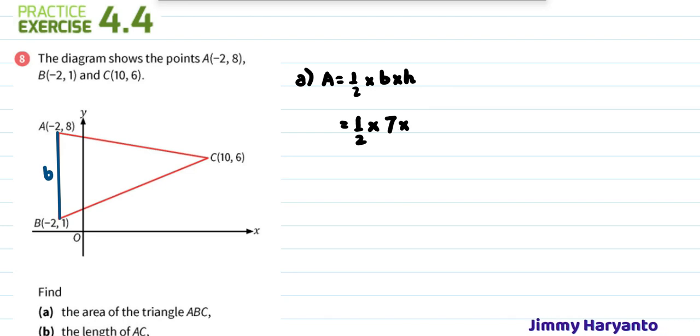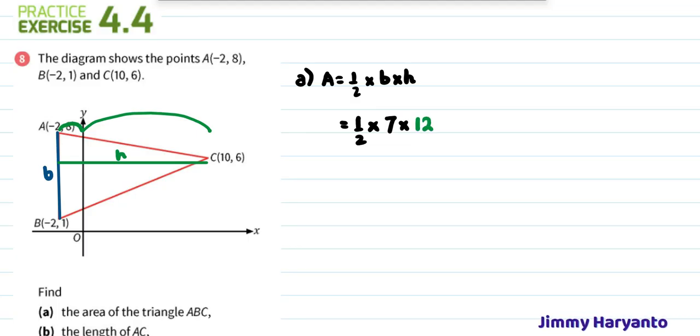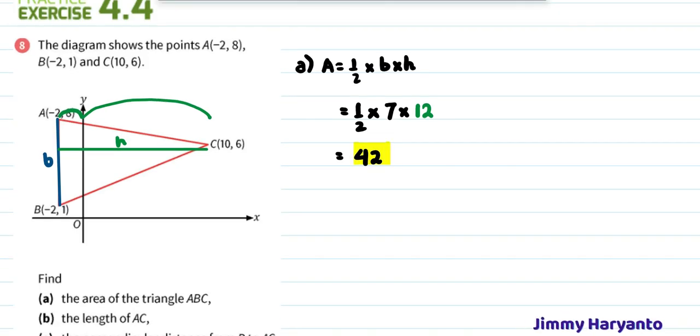That means the base will be 7, and then the height will be this one. This is the height. So 2 steps right here, and then 10 steps right there. That means the height is 12. So 7 times 6 equals 42 square units. This is the area.